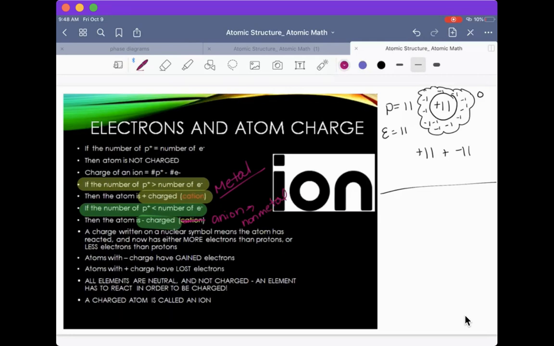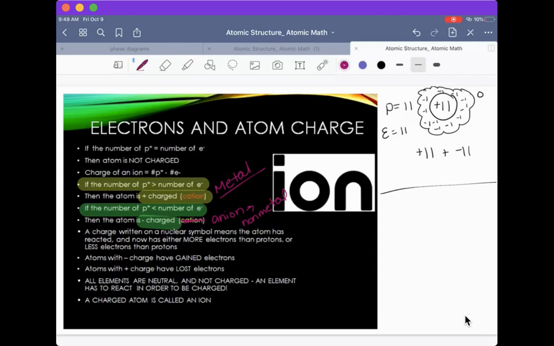Now these kinds of situations happen when we place elements in compounds. When we chemically react them and bond them to other atoms, we form anions and cations. We mess with their electron number. This is what a chemical reaction is. So ions are charged particles. Whenever we have an overall charged particle, whether it's positive or negative, it's an ion, and we call them cations if they're positive, anions if they're negative.